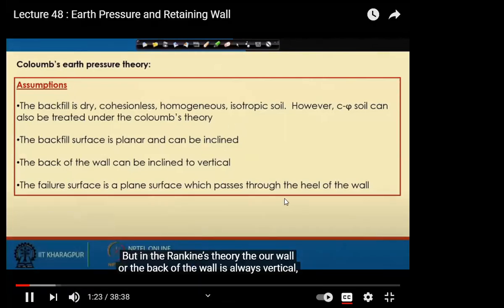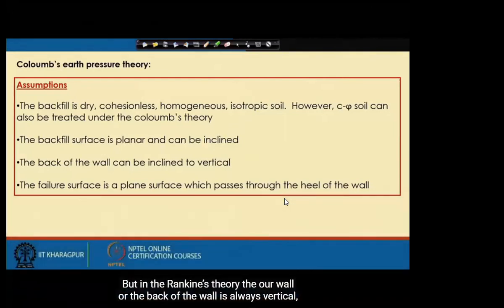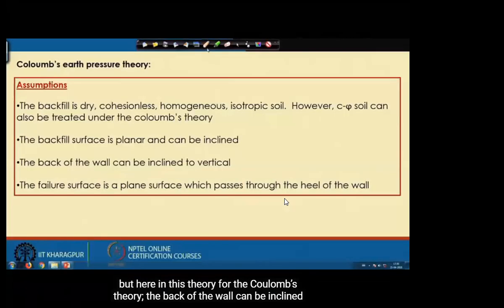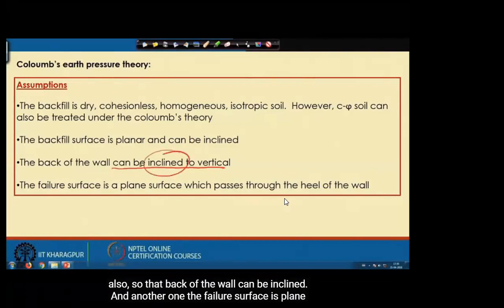But in Rankine's theory the back of the wall is always vertical, whereas in Coulomb's theory the back of the wall can be inclined also.